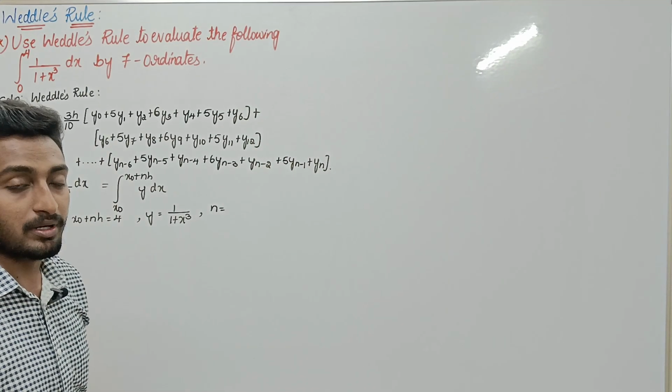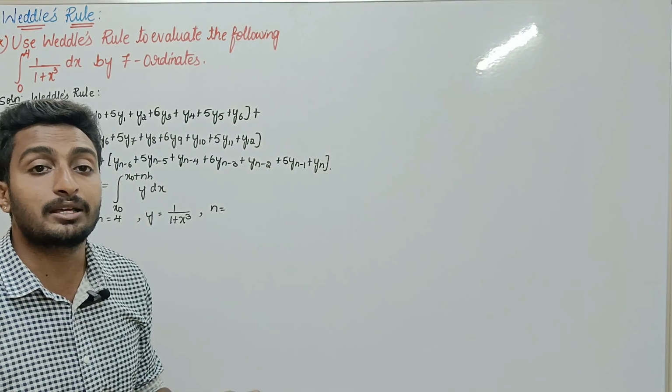But always remember, in Weddle's rule, n should be a multiple of 6.